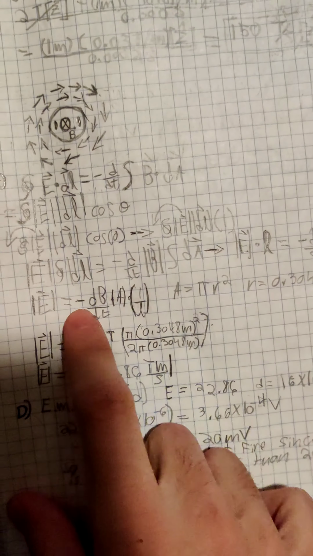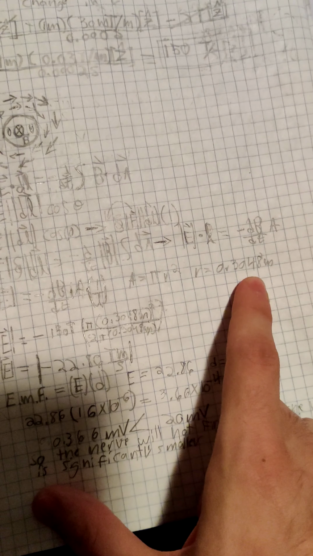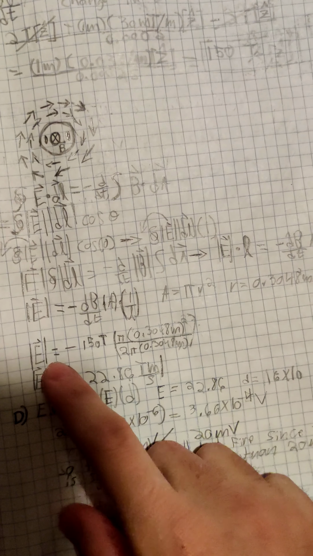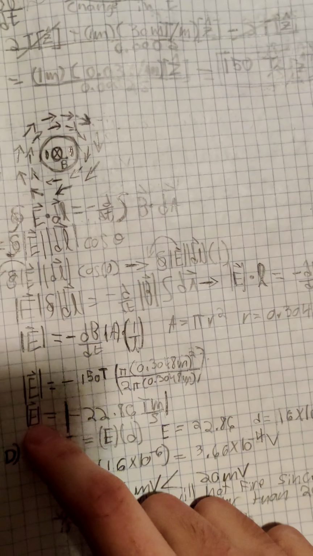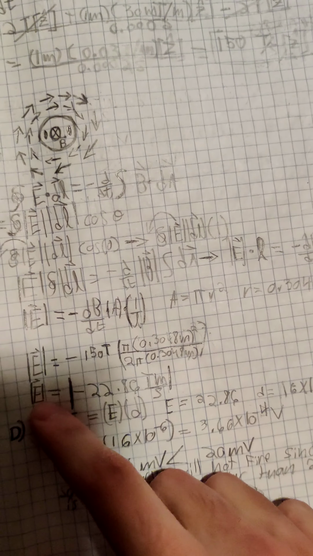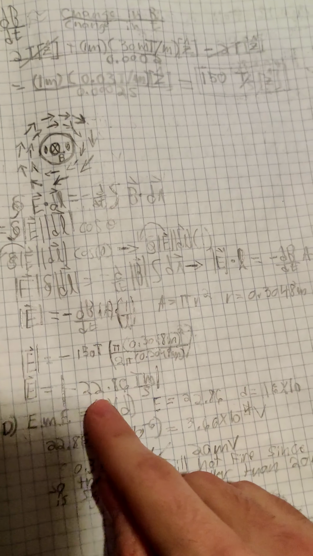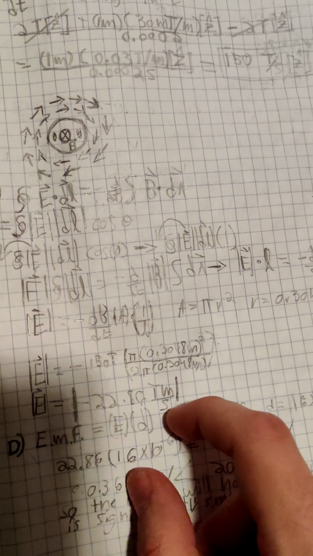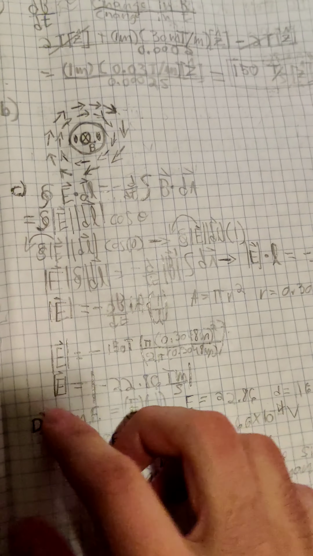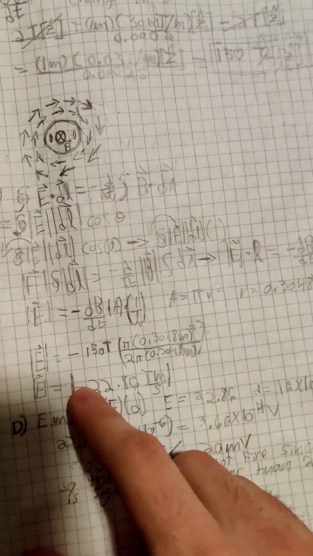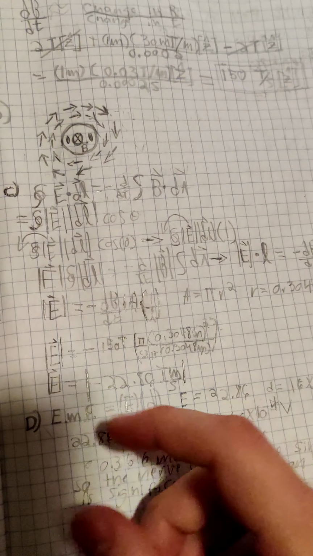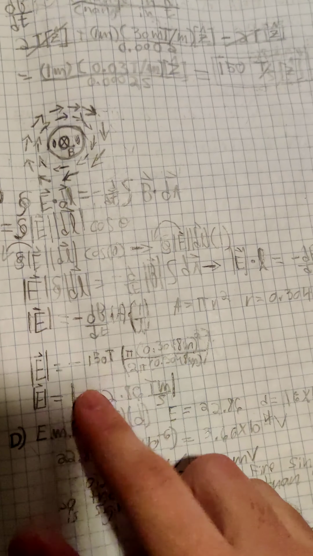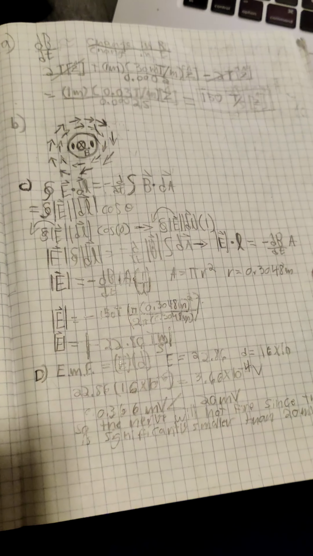Alright, so I just did all my calculations, plugged in numbers, and I was able to get my electric field to equal negative 22.86 tesla meters per second. But since it's asking for the magnitude, it doesn't really matter if it's negative, so that's why I put the absolute value on it.